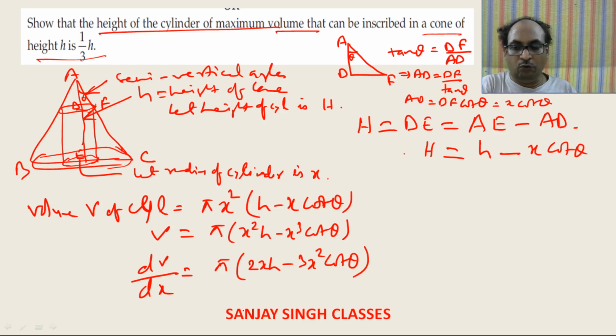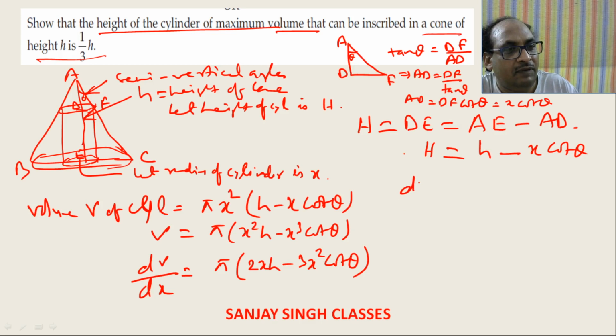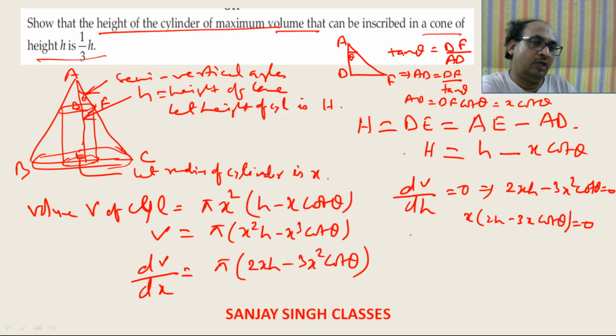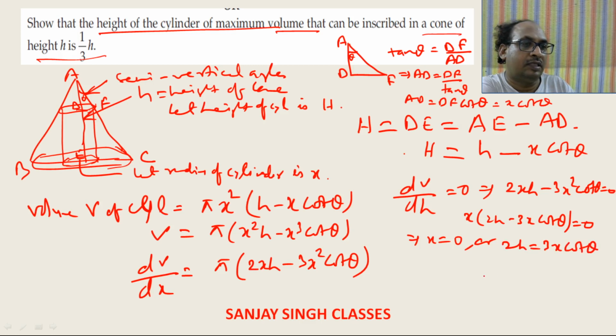Now what we need to do? We need to put dV by dx equal to 0. Then we will be getting 2xh minus 3x square cot theta is equal to 0. If we take x common, 2h minus 3x cot theta is equal to 0. So it means x is equal to 0 or 2h is equal to 3x cot theta.